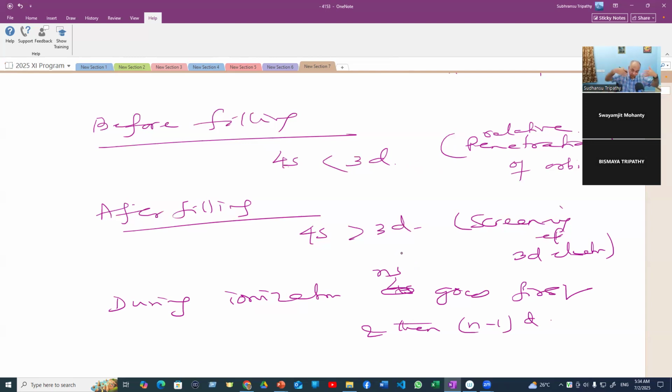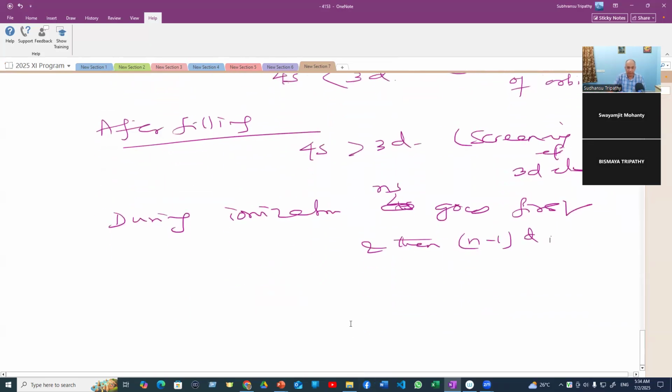Had you followed Madelung's rule as supreme, then you would remove first from n minus 1 d, because first 4s2, then you write 3d4 or 3d7, then you remove electron. Supposing I'm giving you an example.